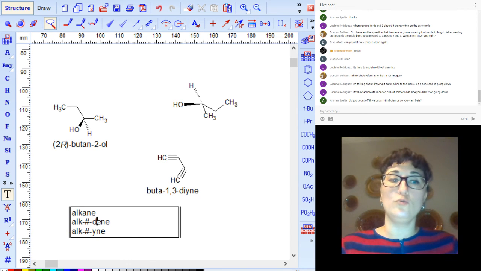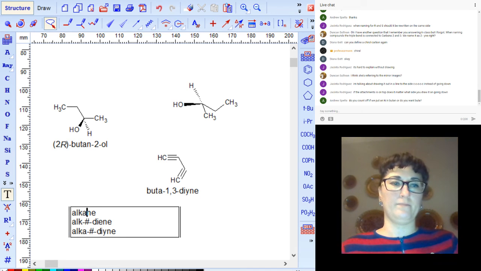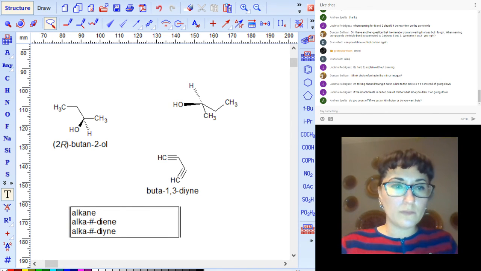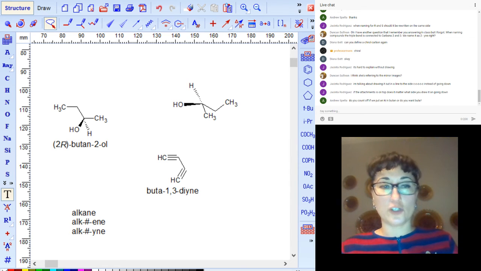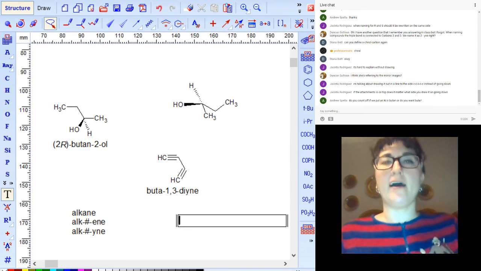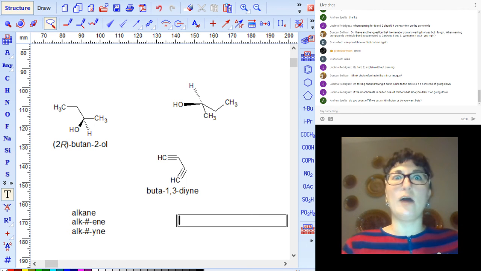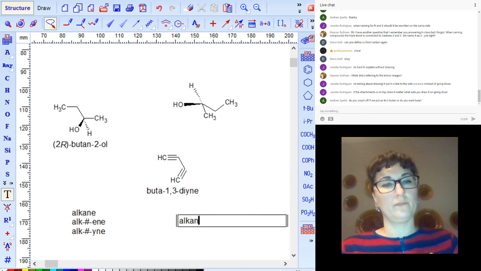And if you had 2, you would put diene. And then you put an A in there so that you have a vowel and a consonant next to each other instead of 2 consonants. But don't get that confused with the other functional groups. If you have an alkane that has an alcohol, it would look like that, and you would put the number in.